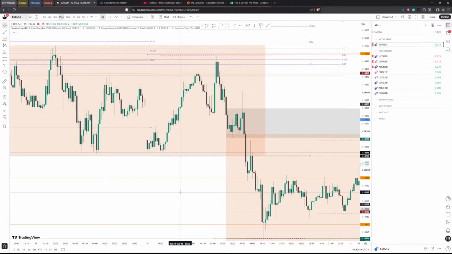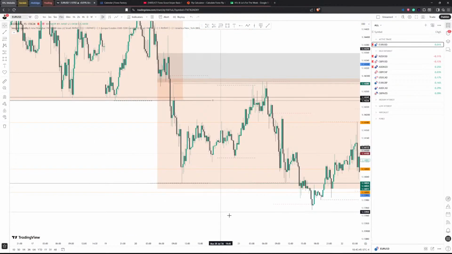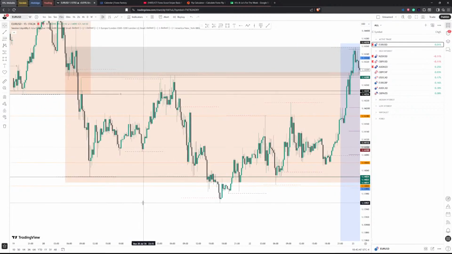Order block plus the fair value gap I've created. Price returns to order block and uses that to exit consolidation. That gives us all the way down over here.